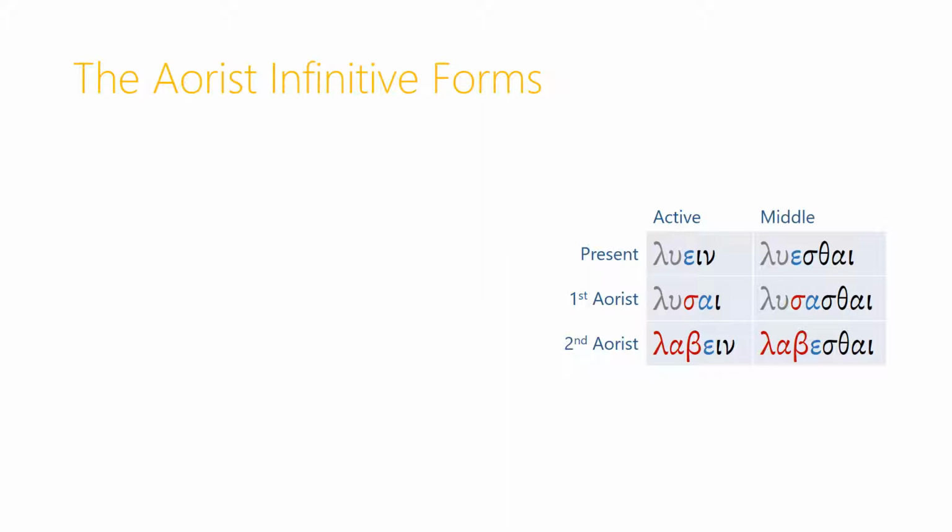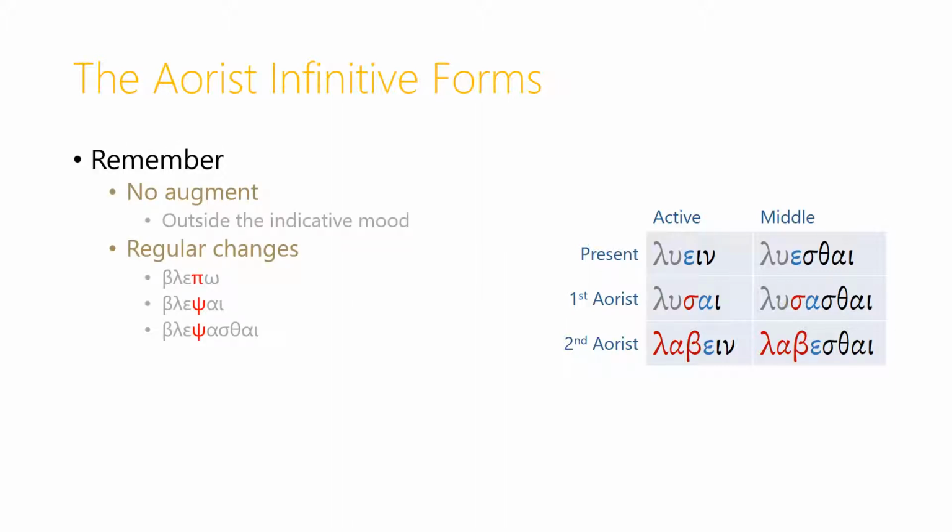So the first aorist infinitive forms of luo would be lusai and lusasthai, and the second aorist infinitive forms would be, for lambano, labein and labesthai. Things to remember here: again, no augment. Once we're outside the indicative mood, into the infinitive or the imperative or other moods, the augment disappears.